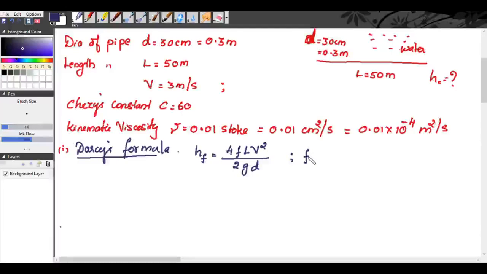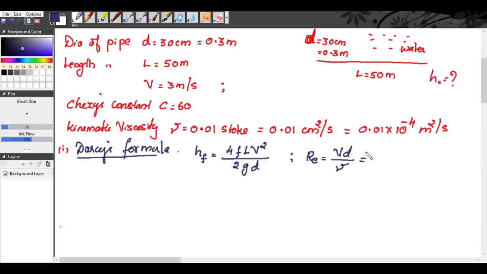So first of all, we should find the Reynolds number, in order to find the coefficient of friction. We know Reynolds number is equal to V d by nu, that is rho V d by mu if it is dynamic viscosity. Now it is given as kinematic viscosity, so V d by nu.